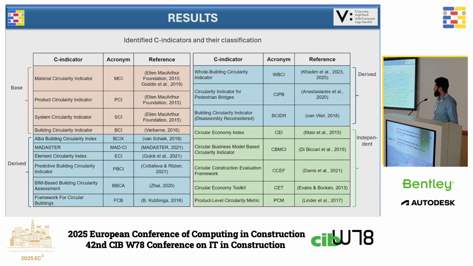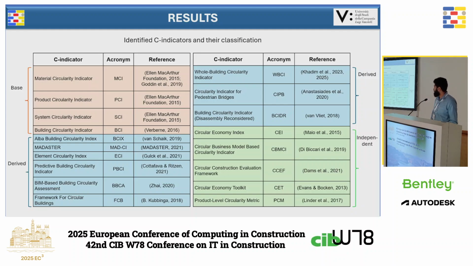And there are also some derived indicators that are improvements to the previous base indicators, and they improve upon them by including other disassembly or connection type factors. LCA and cradle to cradle factors have also been included in these derived indicators.